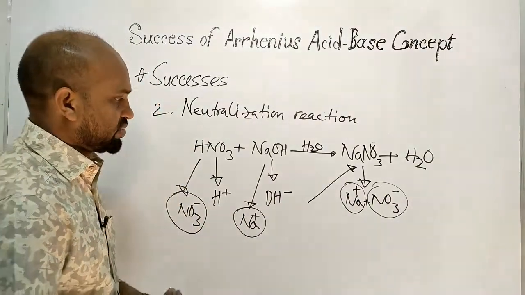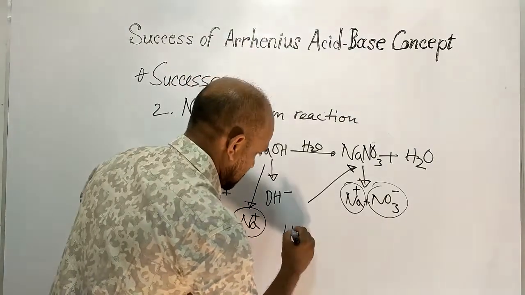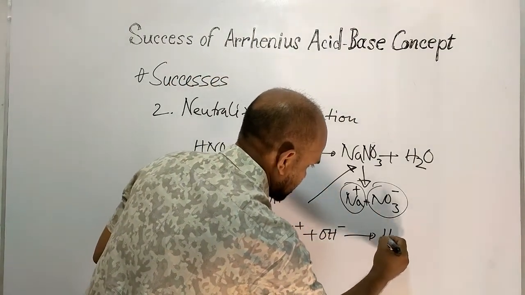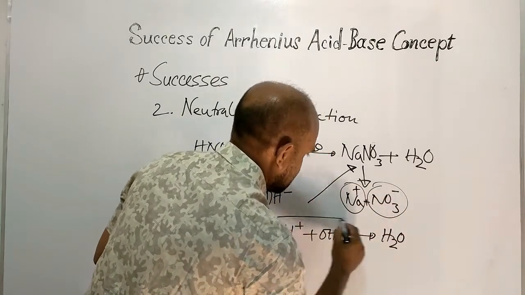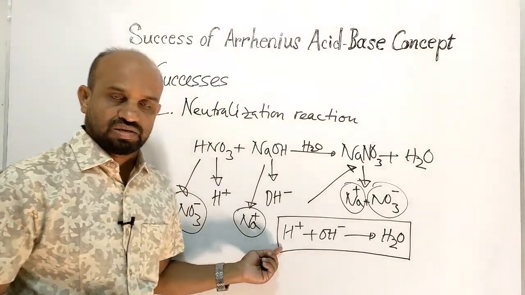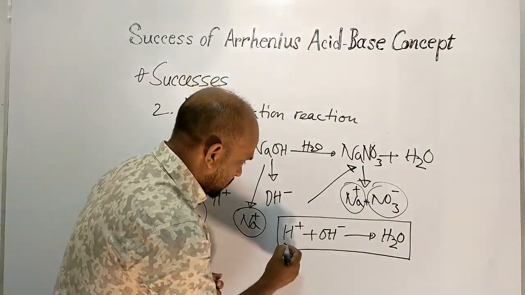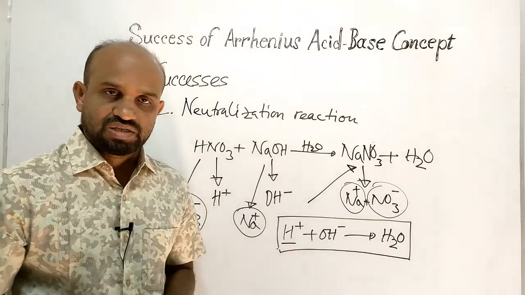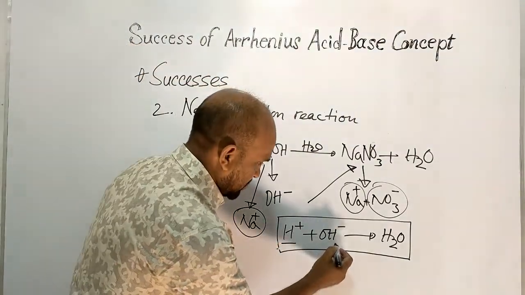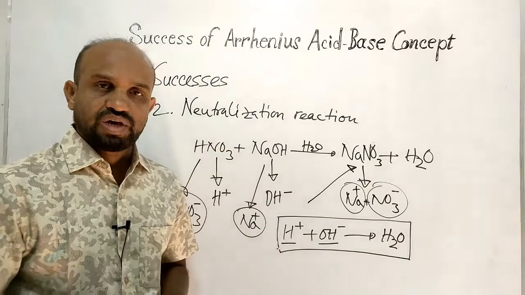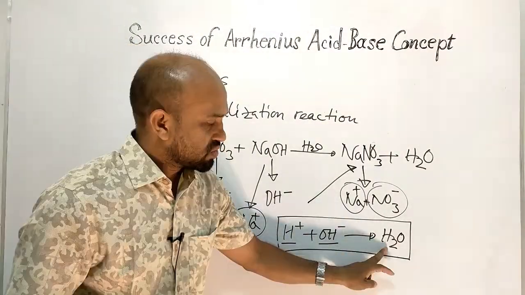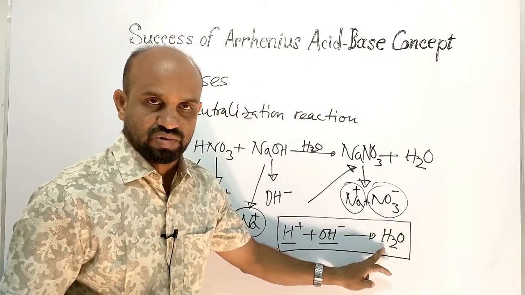The reaction that happens here is between hydrogen ion and hydroxide ion, that means water is formed. This reaction happens in a neutralization reaction. This proton is formed from the Arrhenius acid, and the hydroxide ion is formed from the Arrhenius base, and this reaction happens and water is formed.